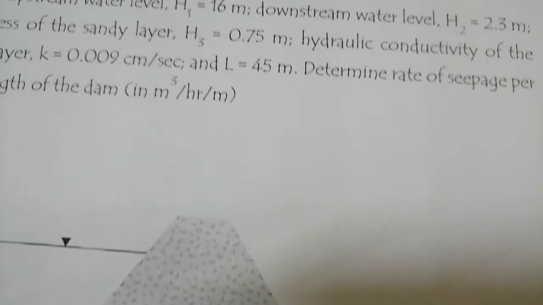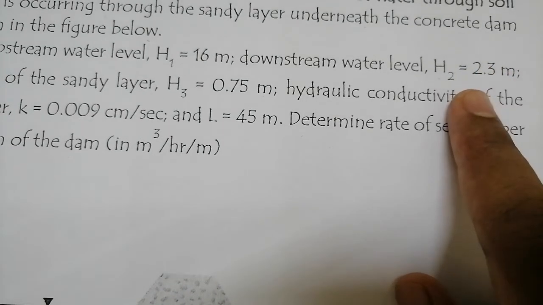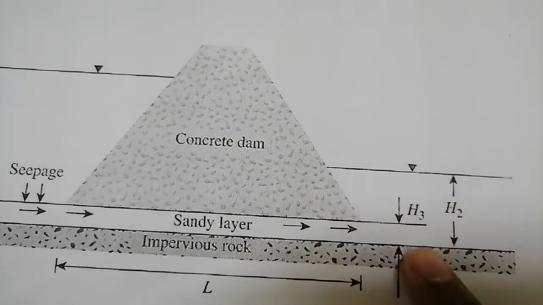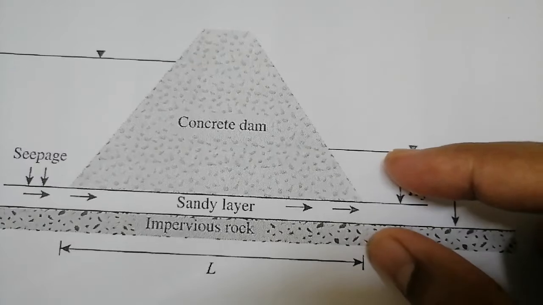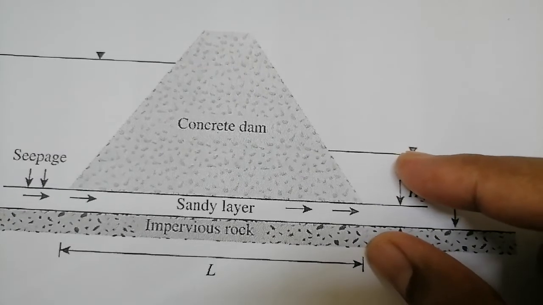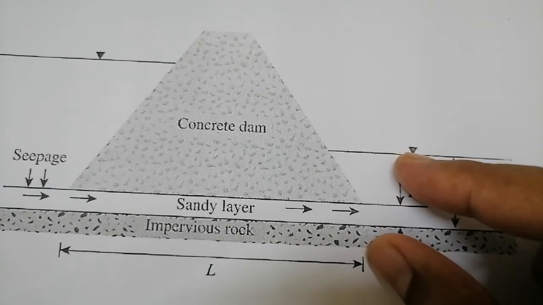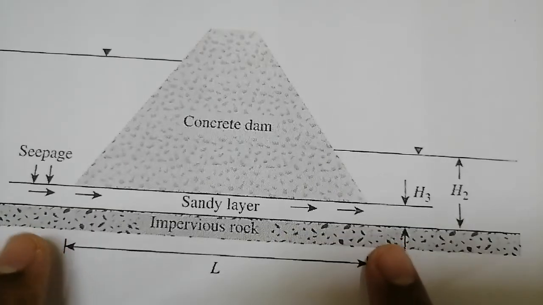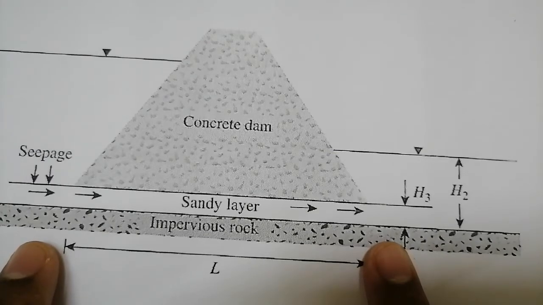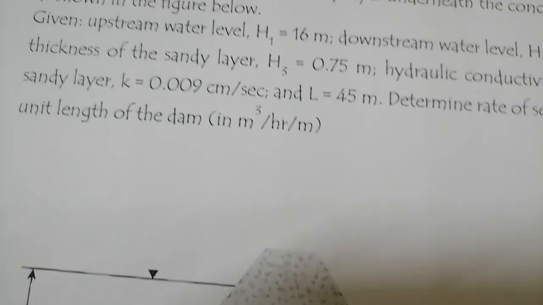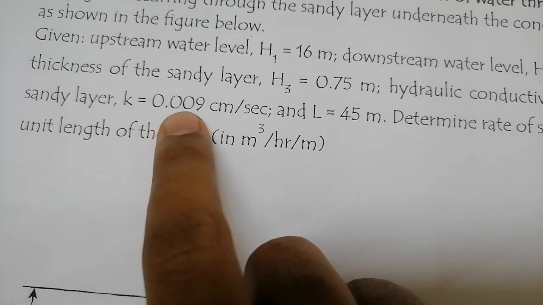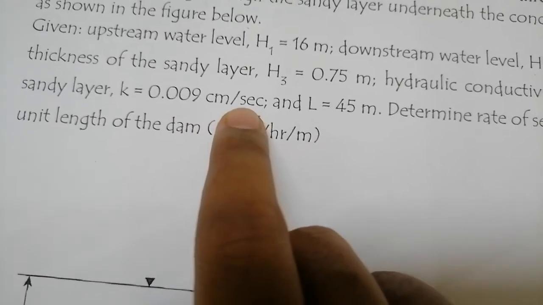H2 is 2.3 meter, and H3, which is the thickness of the sandy layer, is 0.75 meter. And this length here, okay, is 45, and hydraulic conductivity or K is 0.09 centimeter per second.